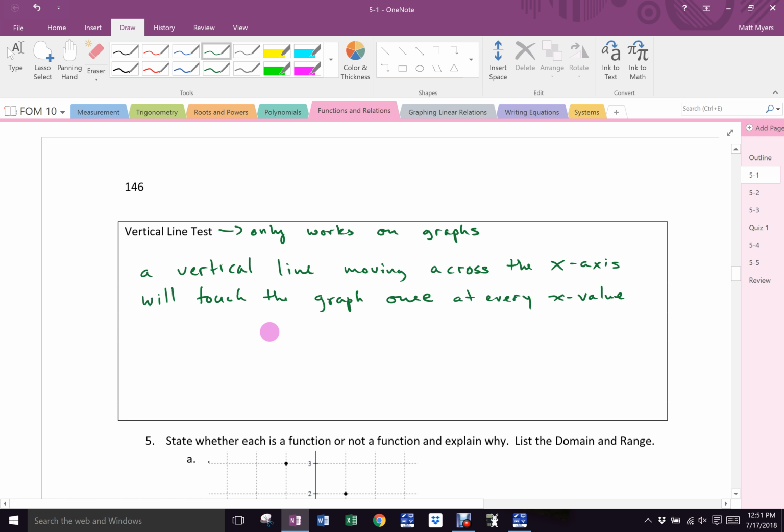So, the vertical line would move that way along the x-axis, like this. If it only touches the line once, you have a function. If it touches the line more than once, you have a relation. Does everybody understand? All right.